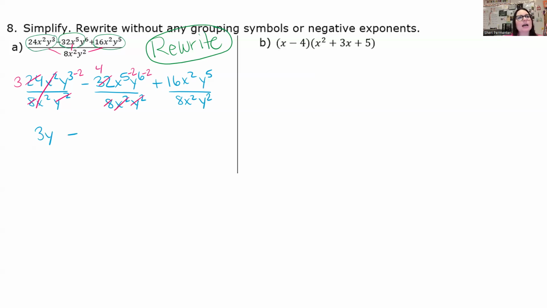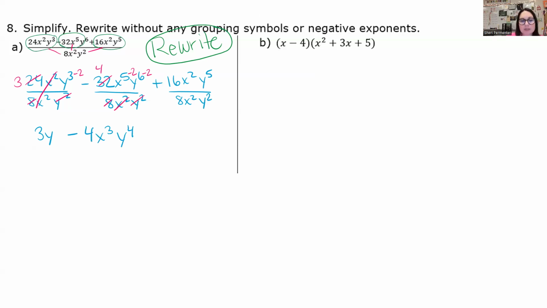Again, I'm going to have nothing in the denominator, so I will be left with 4 x to the third, and then y to the fourth. And it keeps the negative.